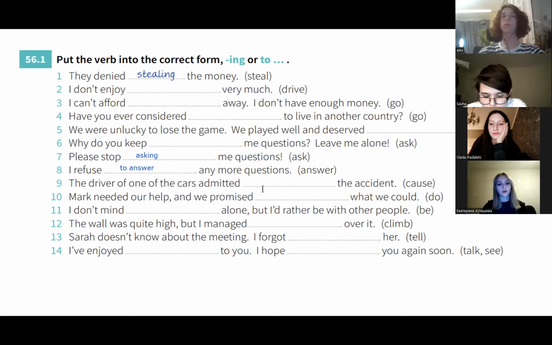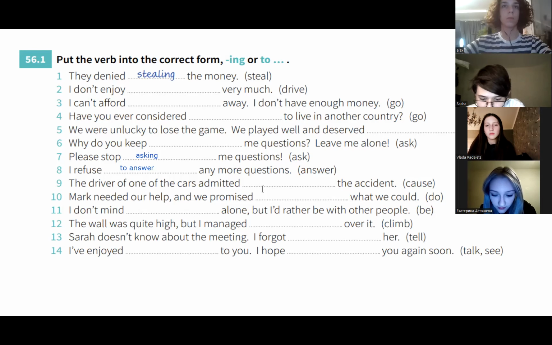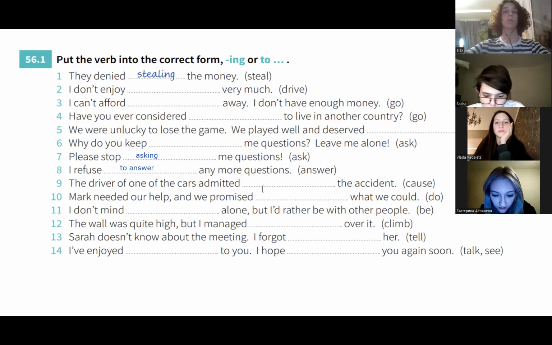The driver of one of the cars admitted causing the accident. You can find this word admit in your screenshots.